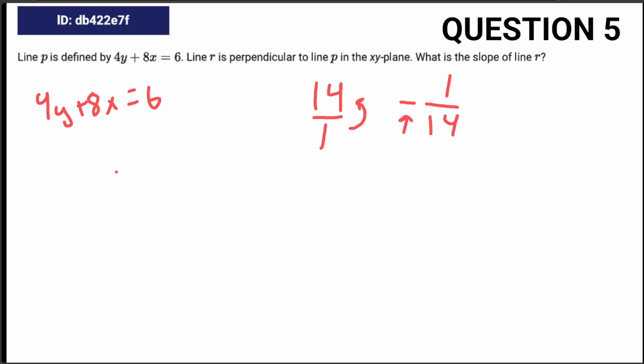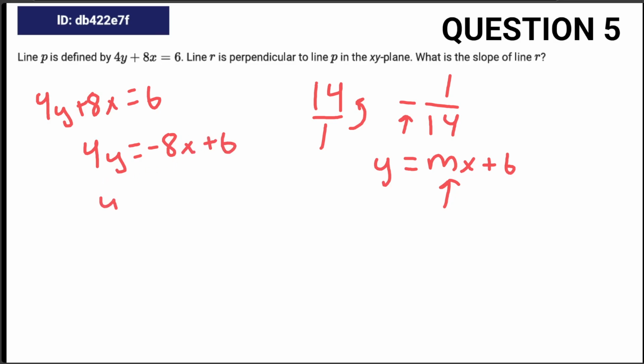So we need to isolate the slope. In this form, y equals mx plus b, m is the slope. So what we can do is just move around everything. Divide by 4. And then we're left with -2x plus 3 over 2.